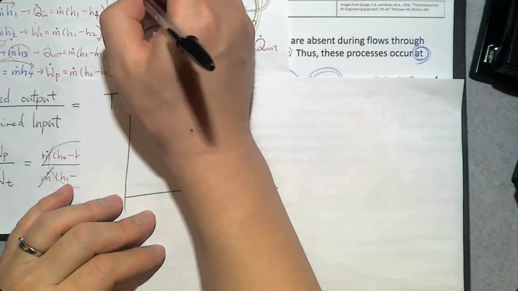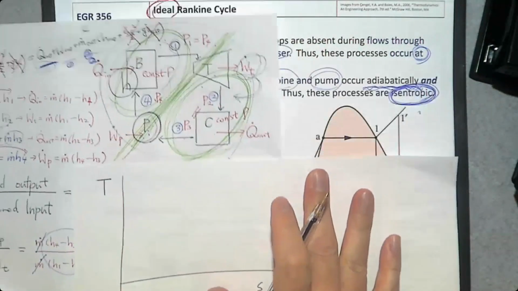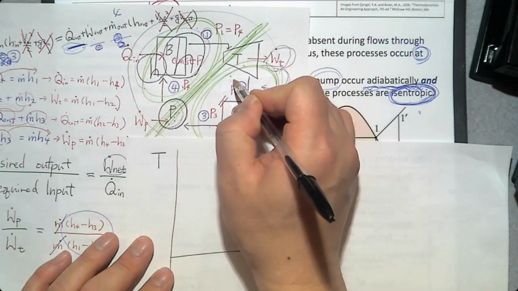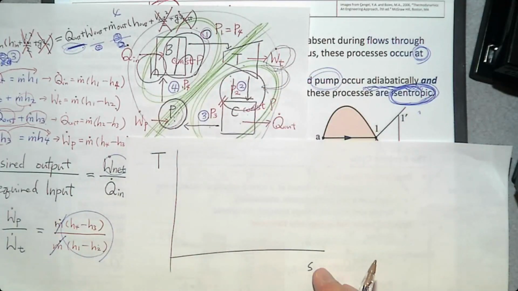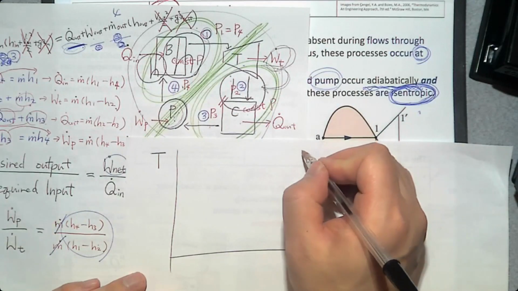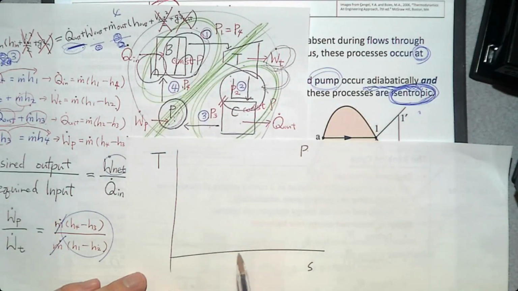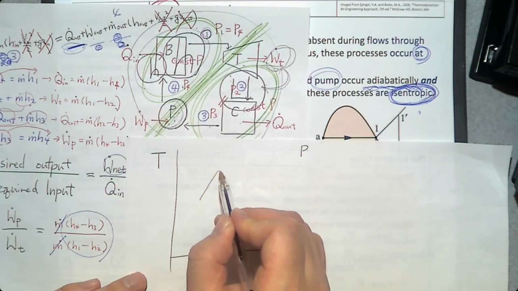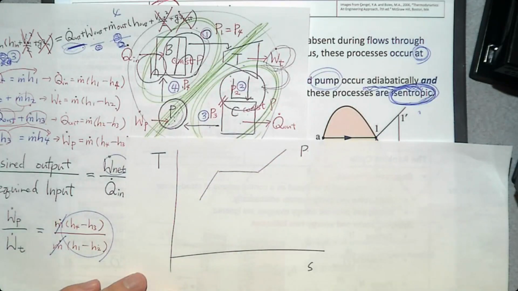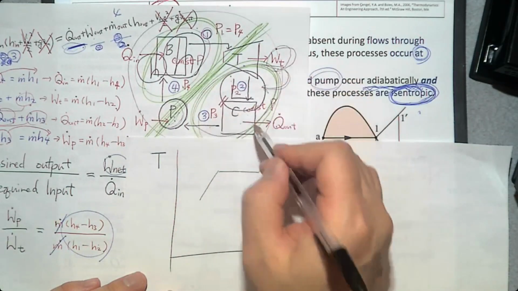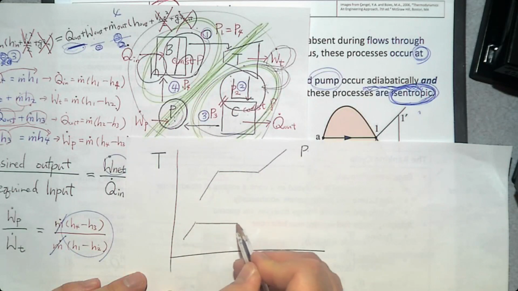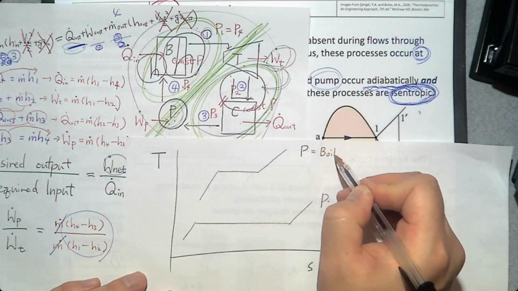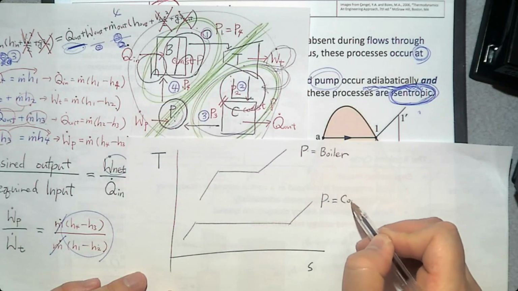So the boiler pressure is high and the condenser pressure is low. So we have one pressure value P, then the TS diagram looks like this. And we have another pressure value, which is for this condenser. So this is the boiler pressure, and this is the condenser pressure.